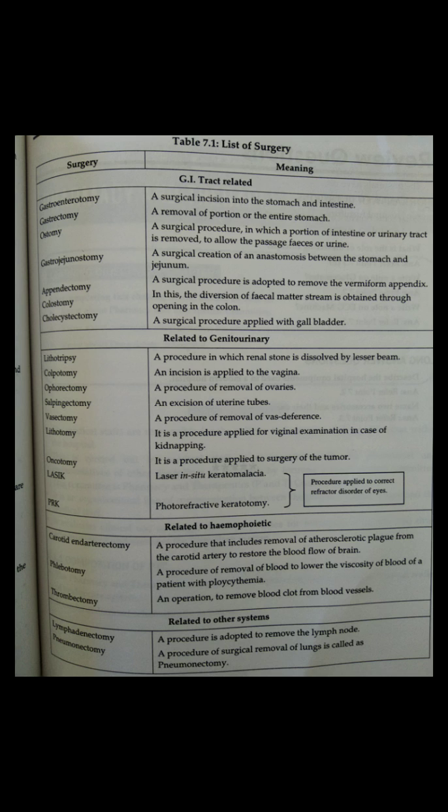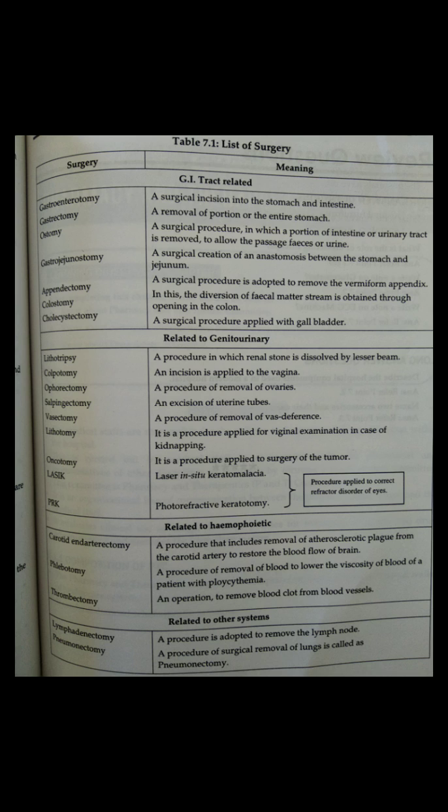Then next is related to hemopoietic system. First is carotid endarterectomy. The meaning is a procedure that includes the removal of atherosclerotic plaque from the carotid artery to restore the blood flow to the brain.